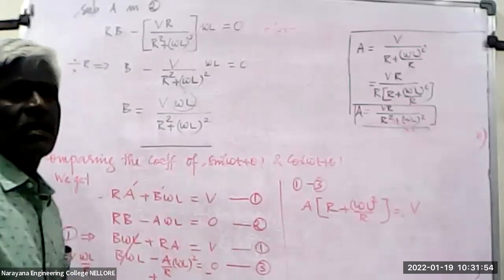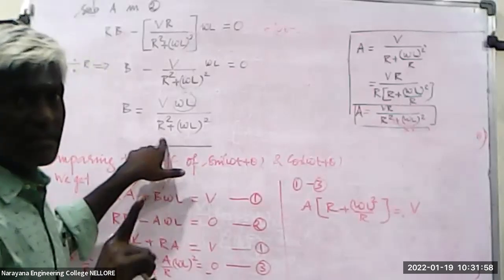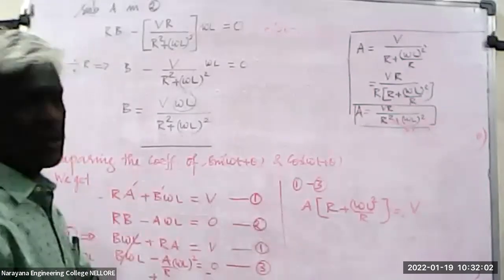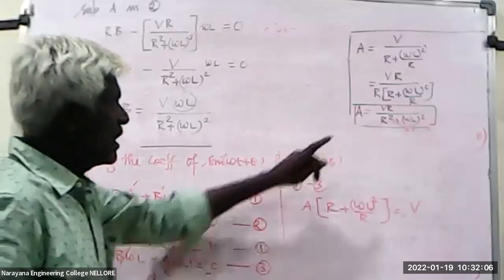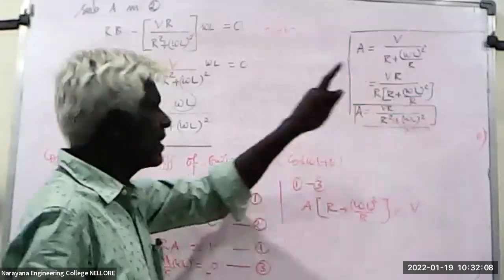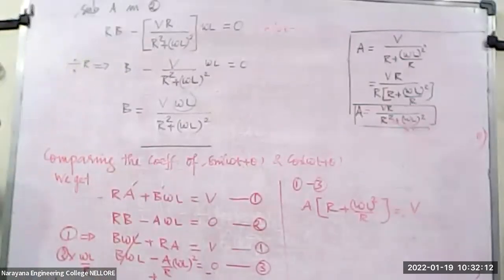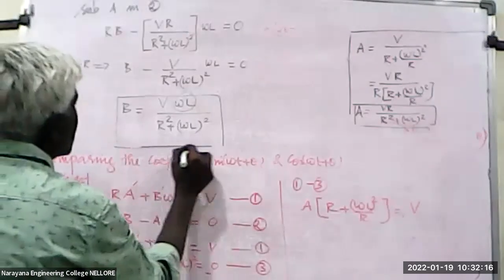If you get A and B like this, with R in the numerator in A and omega L in the numerator in B, then you can proceed with these values. Otherwise, you have to check and then correct it.